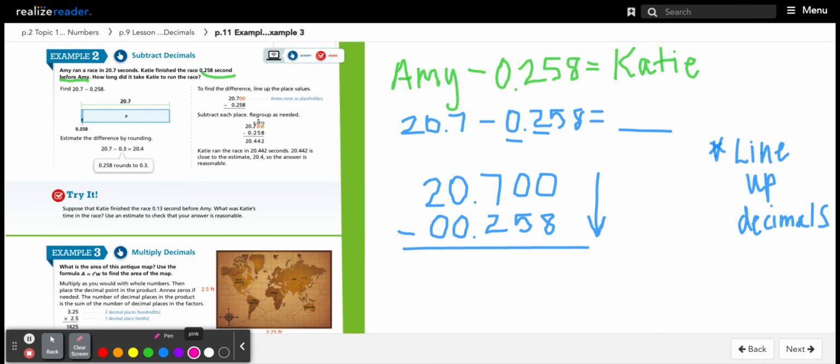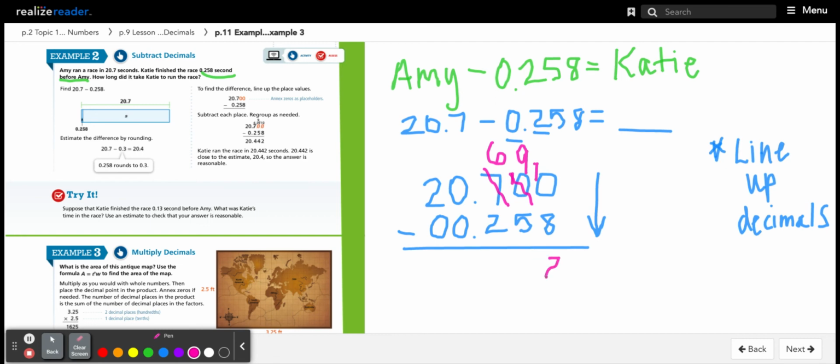It's a 7. I'm going to borrow from that 7. The 7 will become a 6, which then I bring over a 10, and I have 10 here. But my job's not done. I'm going to borrow from that 10. It will become a 9, and then this 0 can become my 10. So now I can subtract. 10 minus 8 is 2.